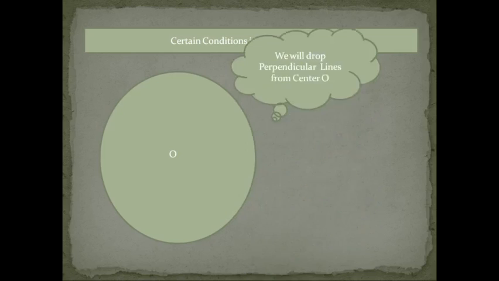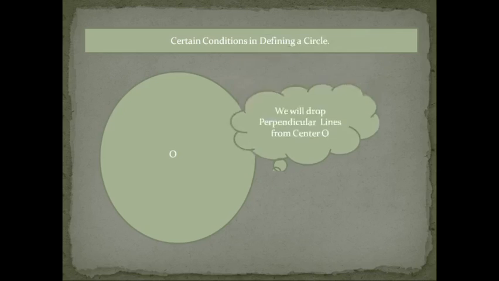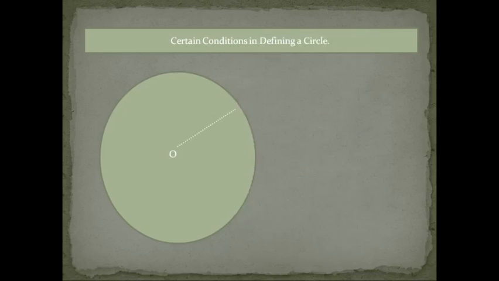We will drop three perpendicular lines from center O. We drop the first line from center O and name it A. The second line from center O we label B. The third line from center O we name C. Now we take a scale and measure the distances OA, OB and OC, and we observe that the distance is exactly 3 centimeters, the same in all three cases.